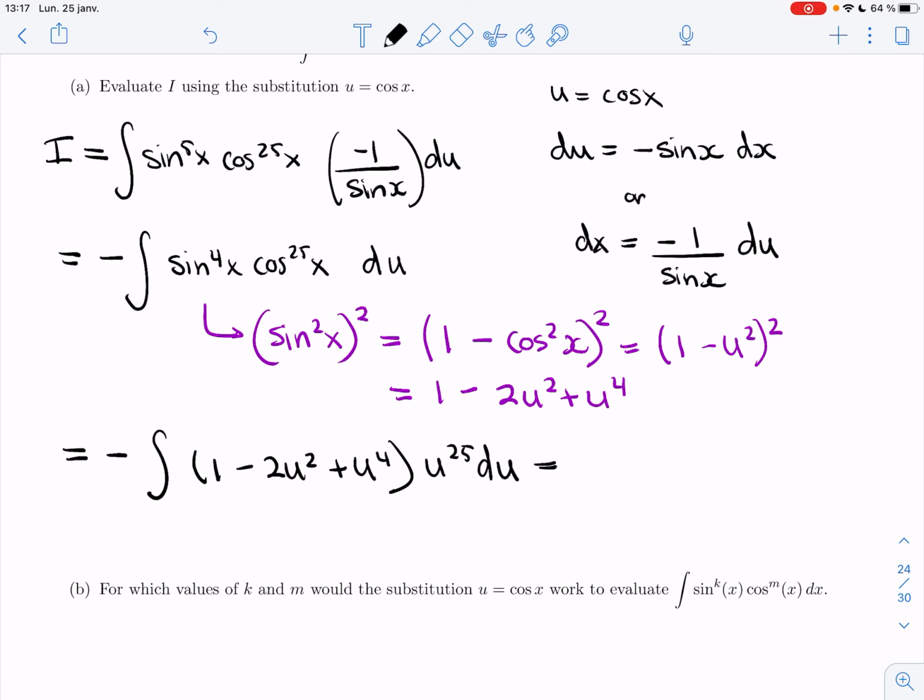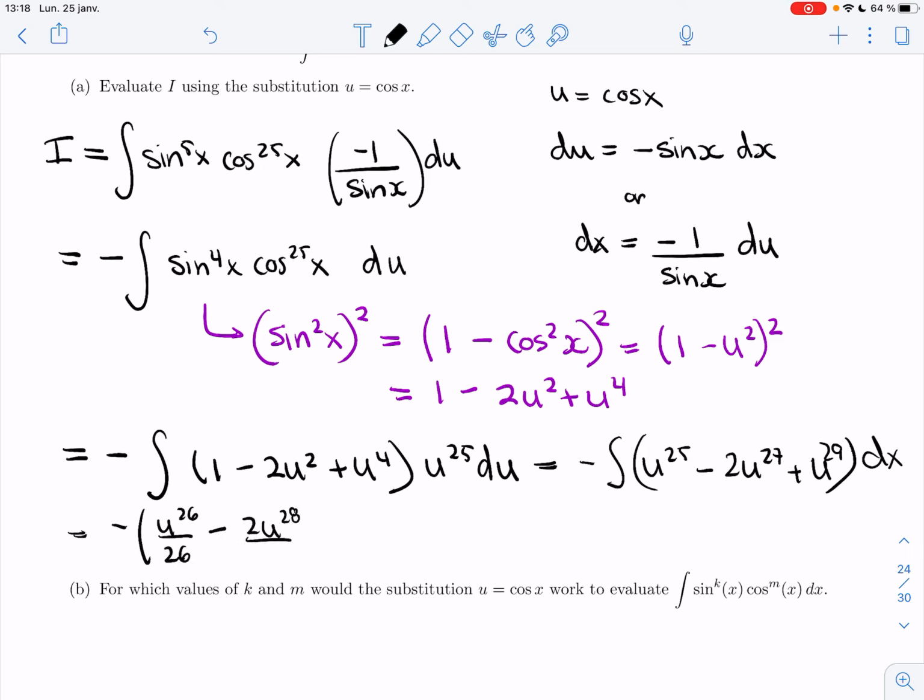So I'm going to get minus the integral of u to the 25 minus 2u to the 27 plus u to the 29 du. And then I'm almost done. I'll get u to the 26 over 26 minus 2u to the 28 over 28 plus u to the 30 over 30 plus C.